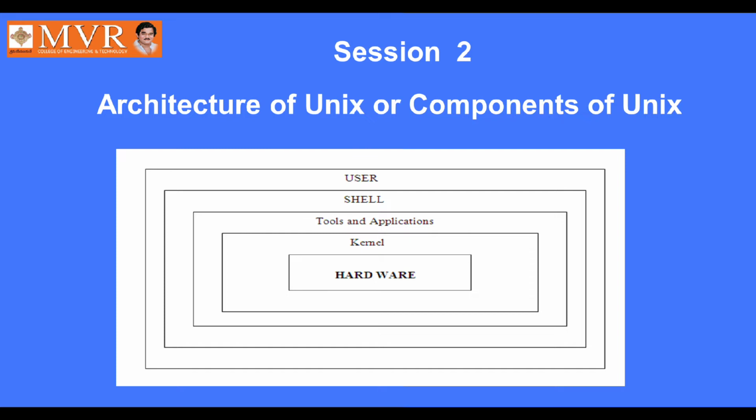As we discussed in the previous class, interrupts are like system calls. Those things are also handled by the kernel only. The kernel also handles errors, as discussed in the previous class.